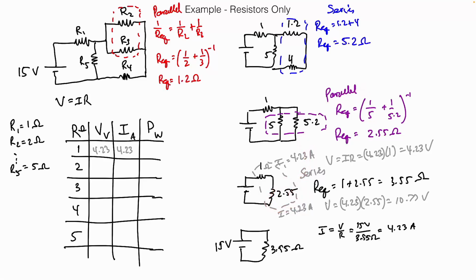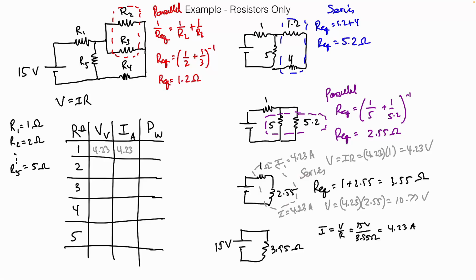And what do we know about parallel? What are the rules for voltage and current in parallel? Voltage is the same. They are the same number. Do we know the voltage? Yeah, it's 10.77 volts, right? We found the voltage through the 2.55.